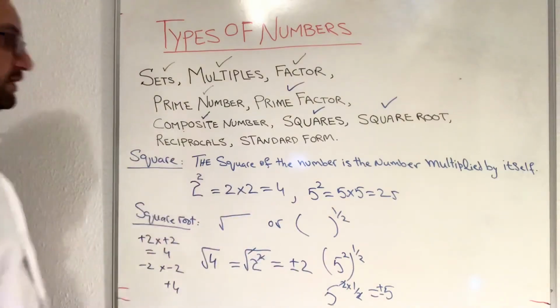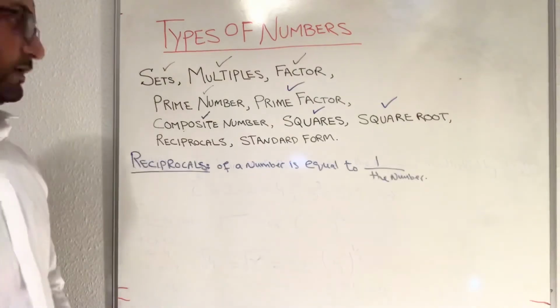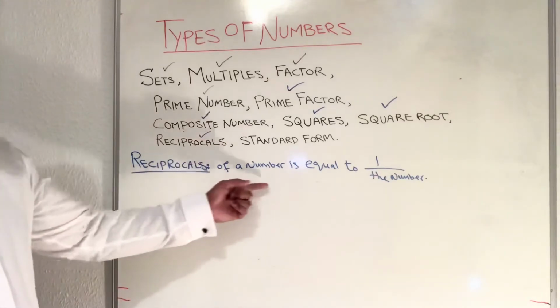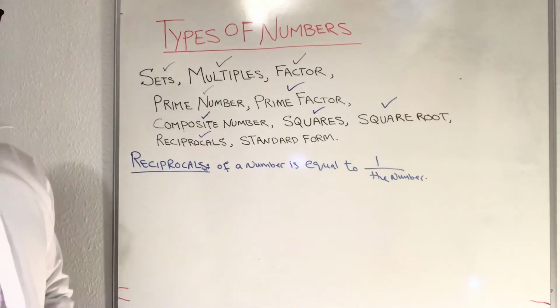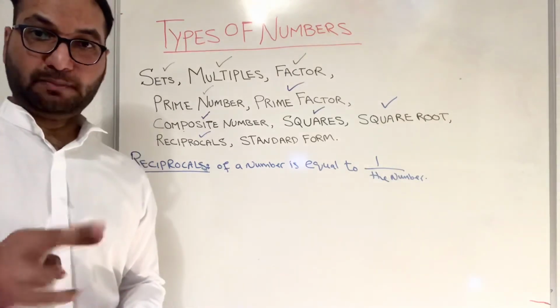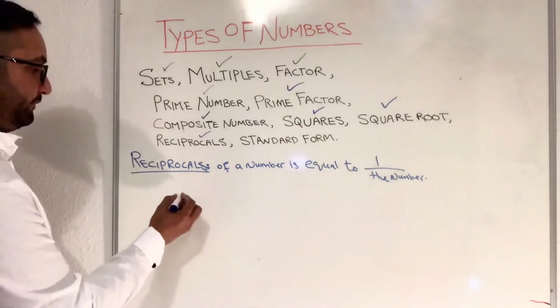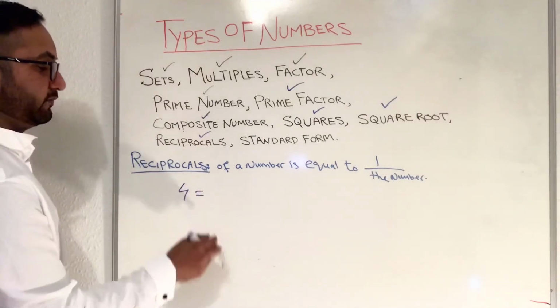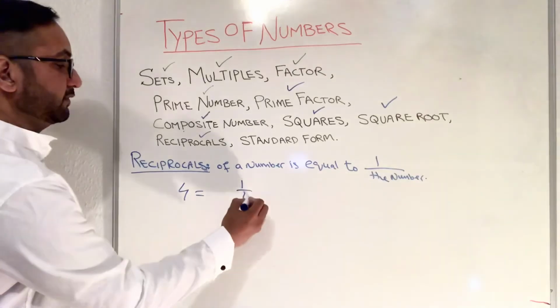So then we are moving to the next one. The second law is reciprocal. The reciprocal of a number is equal to 1 over the number. Just like we are flipping the number upside down. If I write 4, can you find the reciprocal of 4? Which will be 1 over 4.